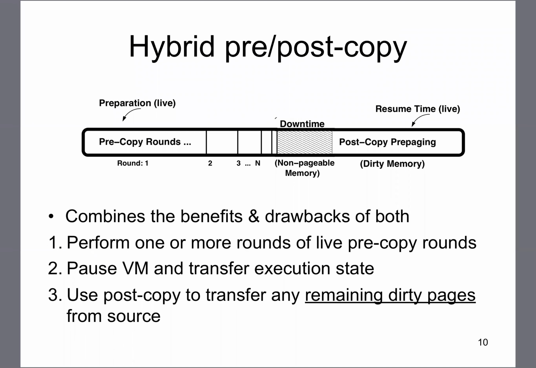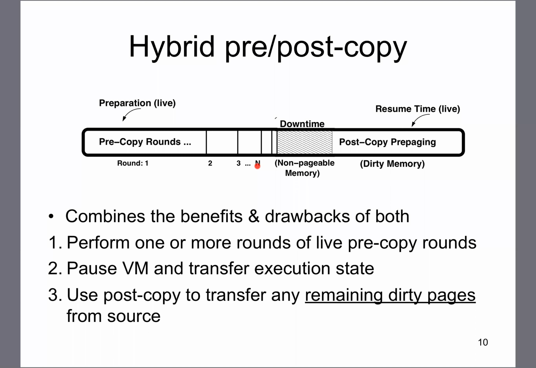Of course, you can take a hybrid of pre- and post-copy, and this will have the benefits of both and also the disadvantages of both, right? So what a hybrid migration would do is, just like pre-copy, you would do a few pre-copy rounds, but instead of having a non-deterministic number of pre-copy rounds, you can limit the number of pre-copy rounds that are performed.